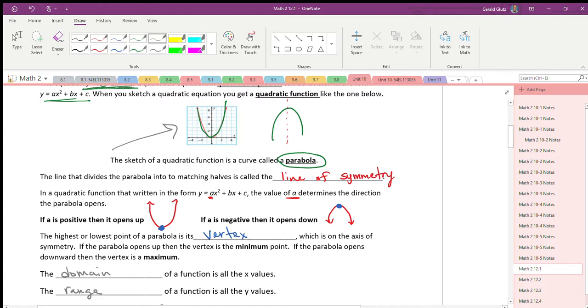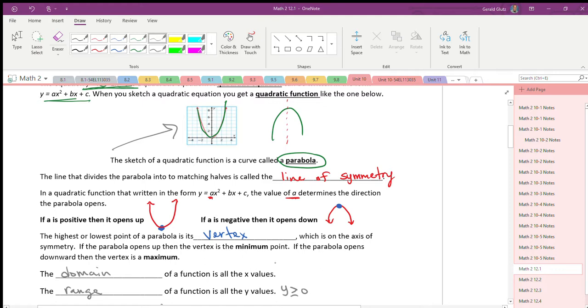The lowest point it goes down to is where y equals 0 right here. So the range would be y is greater than or equal to 0, because it touches 0, and then it goes up forever.